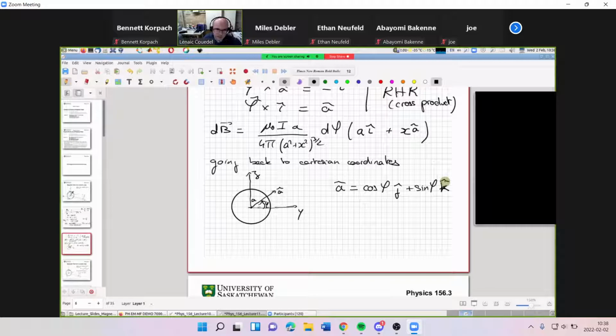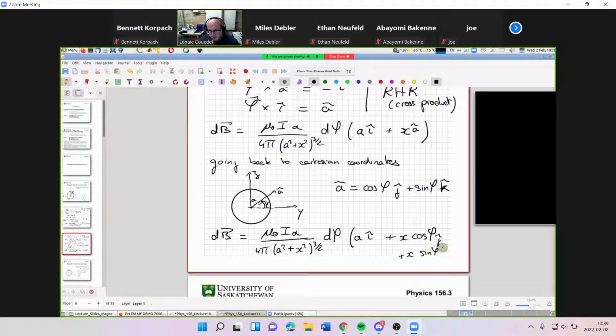So I can use this in my dB. I have mu0 I a over 4 pi a squared plus x squared to the power 3/2 d phi, and I will obtain a i hat plus x cosine phi j hat plus x sine phi k hat.